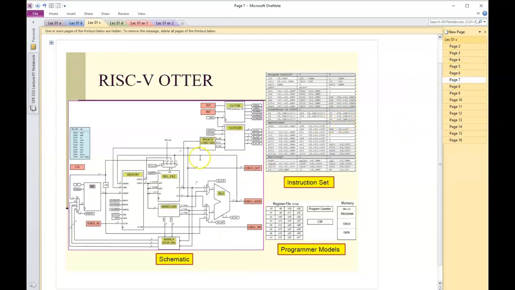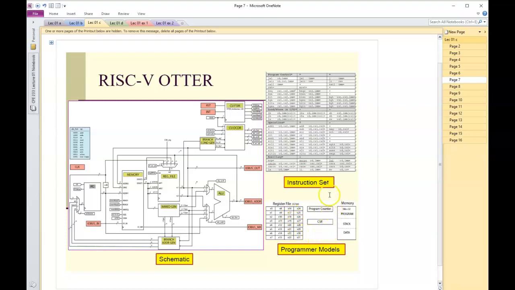So this is a more high-level diagram here. What we have is the instruction set controlling this hardware. The reality is this is the full computer hardware. This is the hardware that programmers have access to.